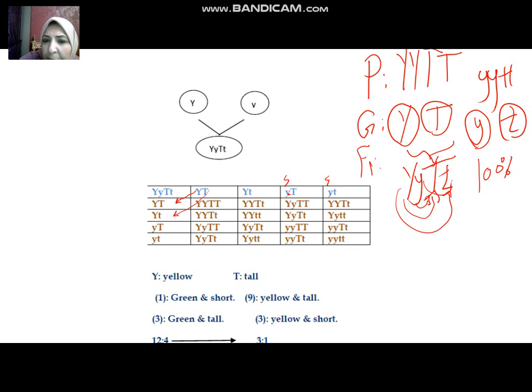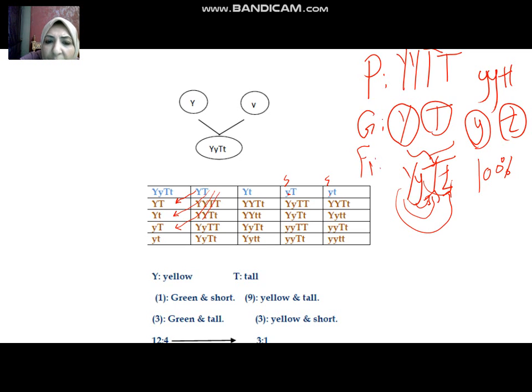The result will be here. First with first, the result will be here. First with second, the result will be here: Y capital, and T capital T small. First with third, Y capital, Y small, and T capital, T capital.